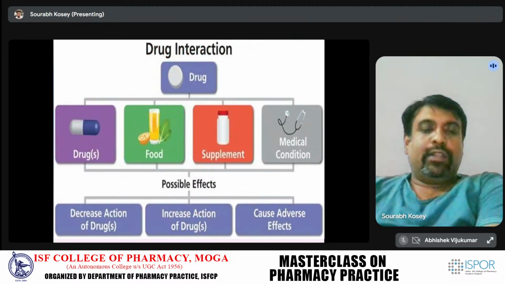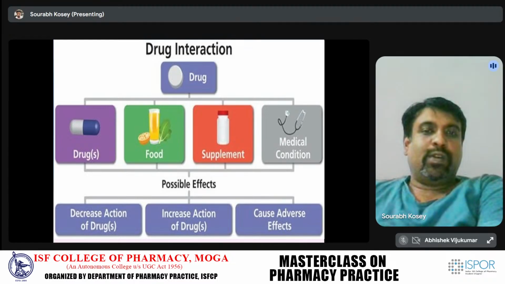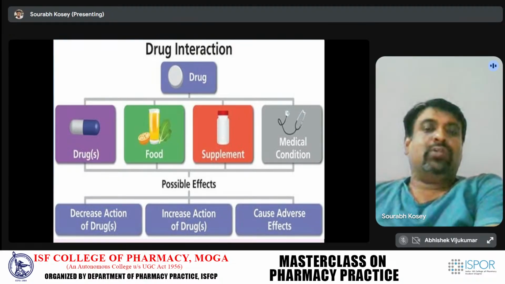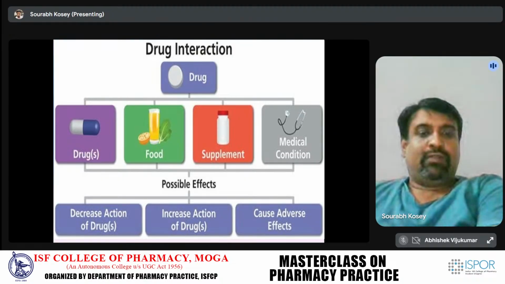So the typical setup of a drug interaction is with drugs, with food, with supplements, or a medical condition related to a serious adverse event, or some nutraceuticals or specific foods, and the possible effects are delayed action, enhanced action, or serious adverse effects.